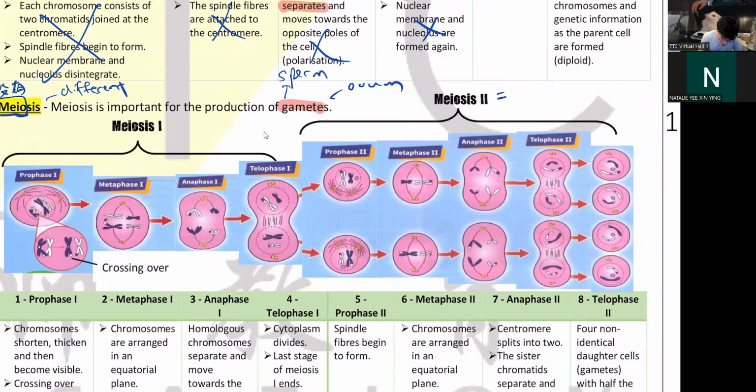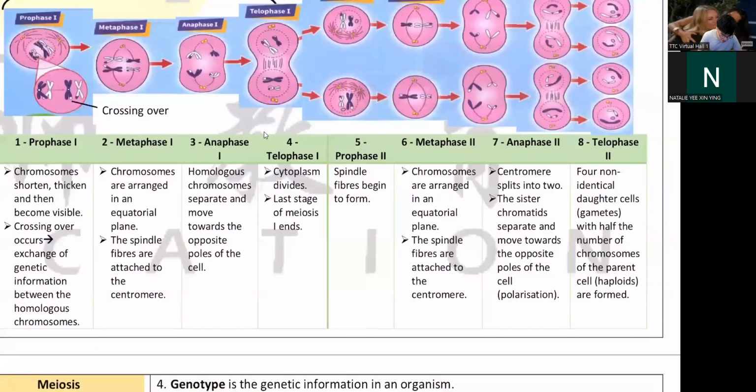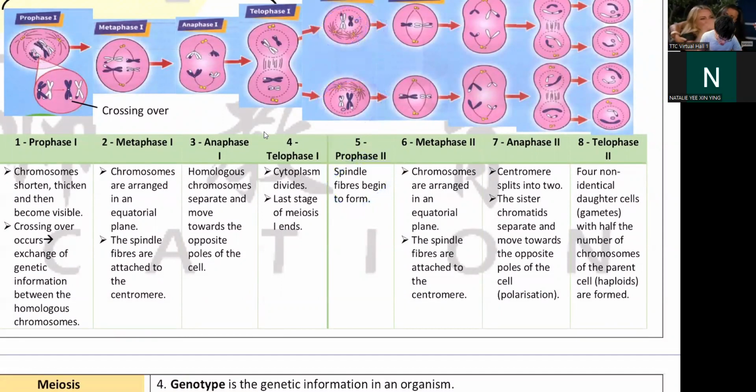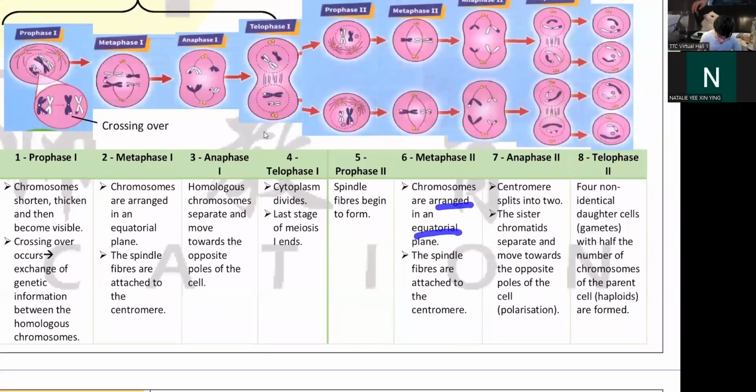So meiosis 2, right? It's the same as mitosis. You can put it here. Meiosis 2 is the same as mitosis because you see, the first point, chromosome becomes visible, spindle fiber becomes formed. They didn't write it here lah. And then arrange at equator, and then sister chromatid separate, and then reach opposite pole.